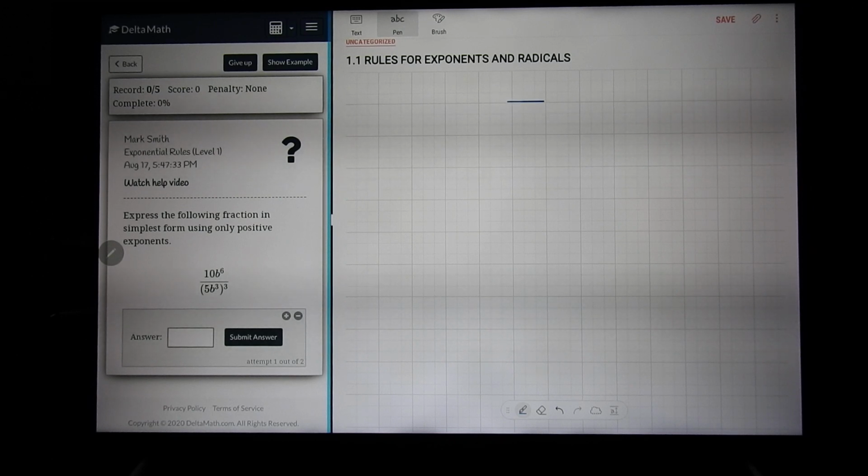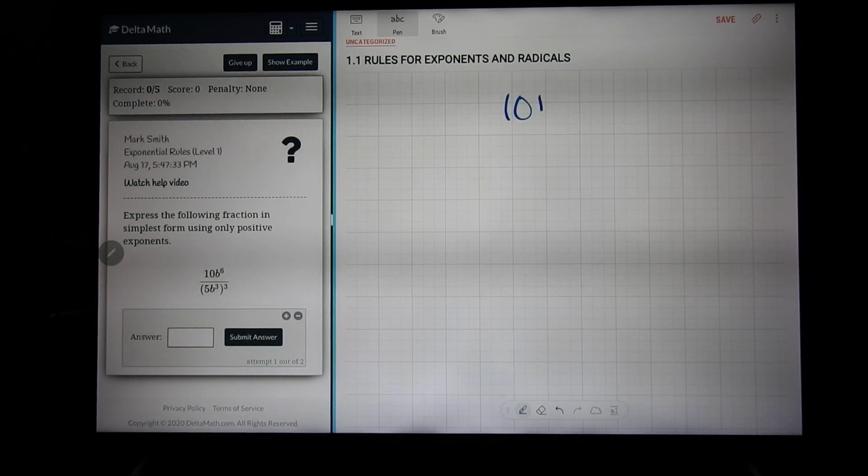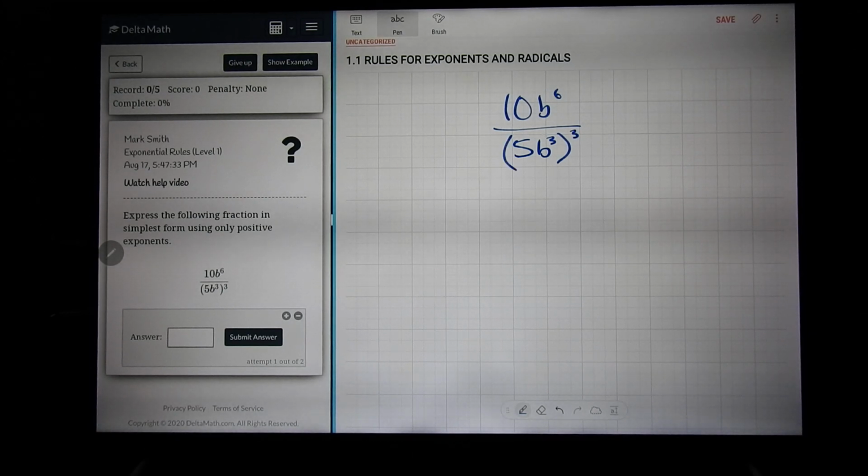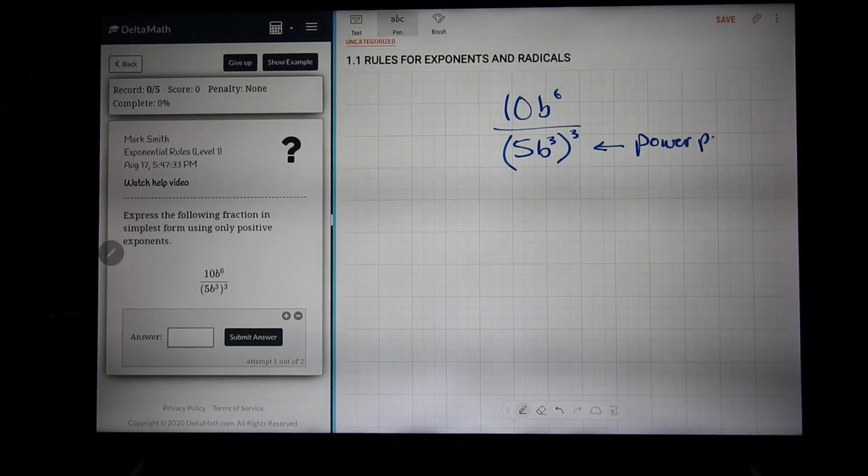Our first problem says 10b to the 6th over 5b cubed, or to the 3rd power, and take that to the 3rd power. So we've got 2 different things in here. One, we have the power rule.